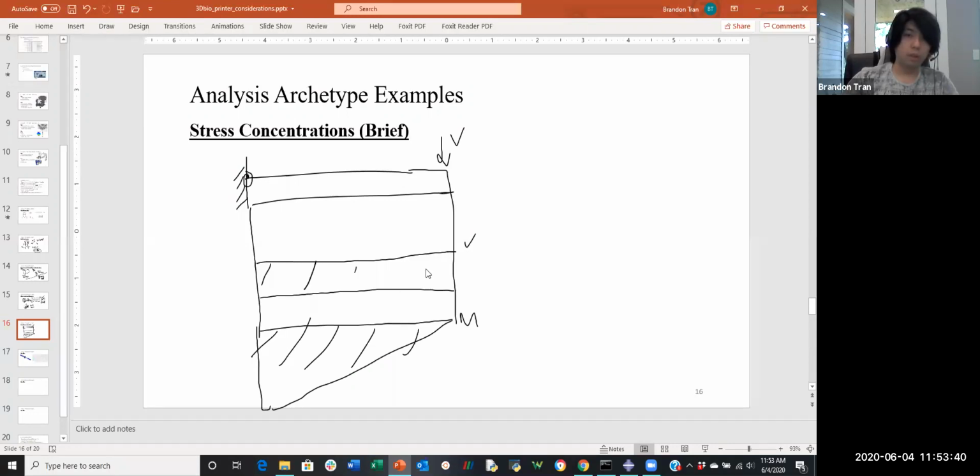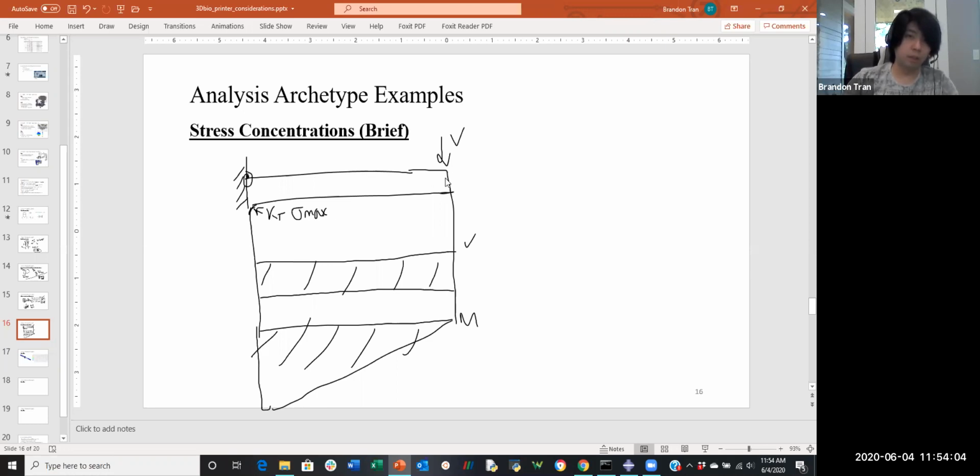Essentially, the whole point of stress concentration here is if you have, for example, a fillet right here, you might want to emphasize it, because the maximum stress occurs right at this base. If the maximum stress occurs here and you have a fillet, this is a source of stress concentration, KT times sigma max.